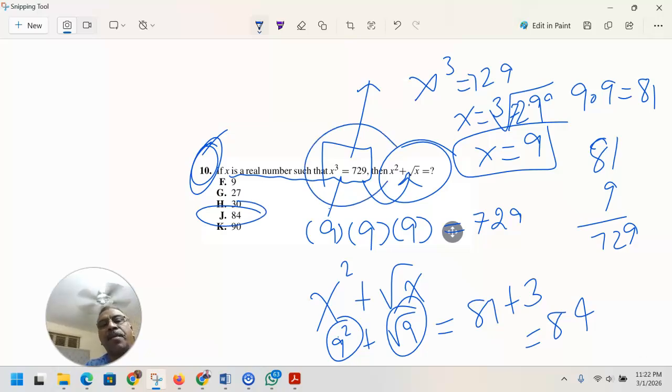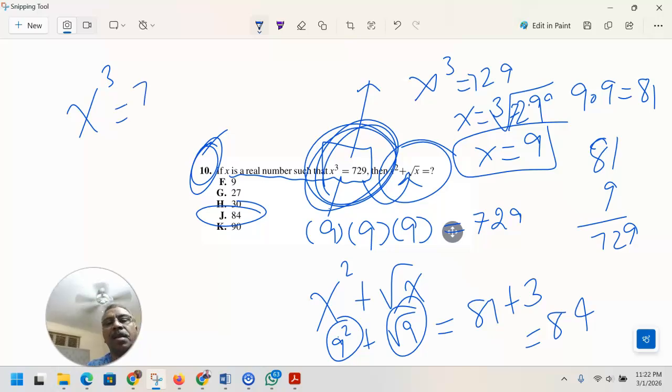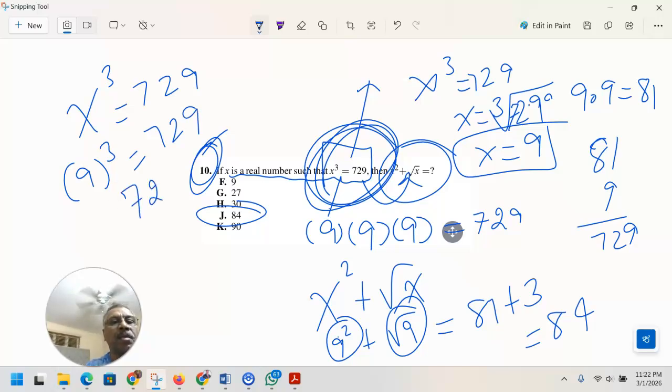You may be wondering, how do I know that if x cube is 729, it has to be 9 cubed? You can always use the tree diagram and start with 3.